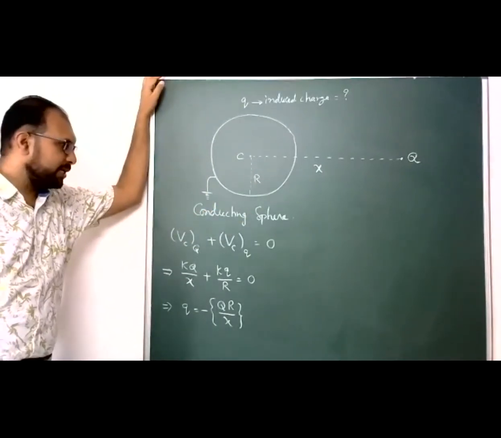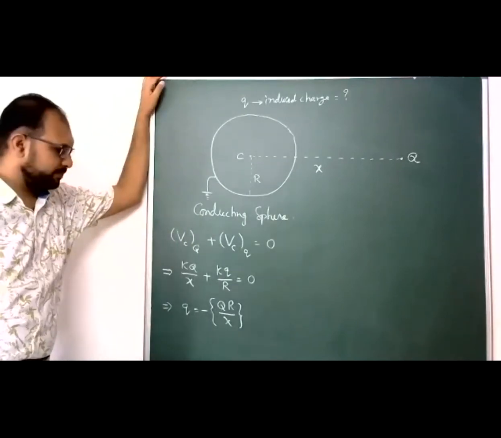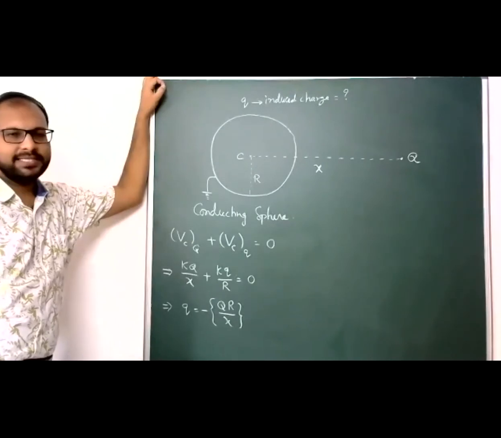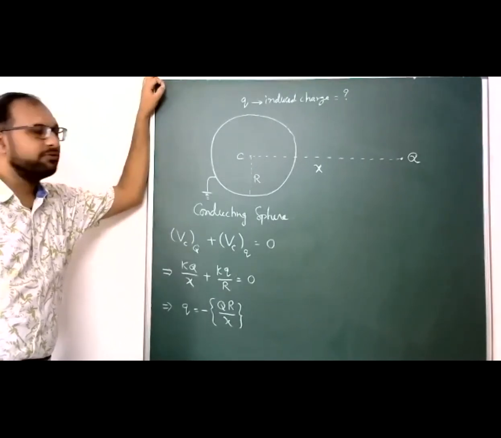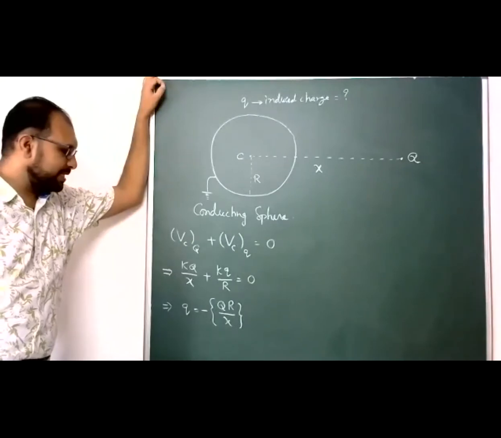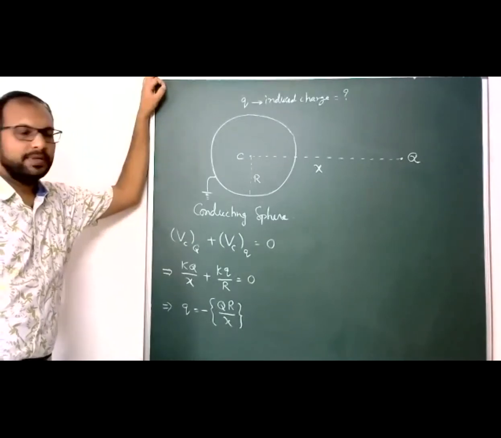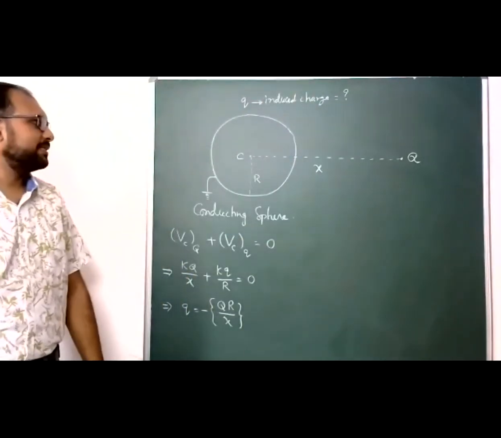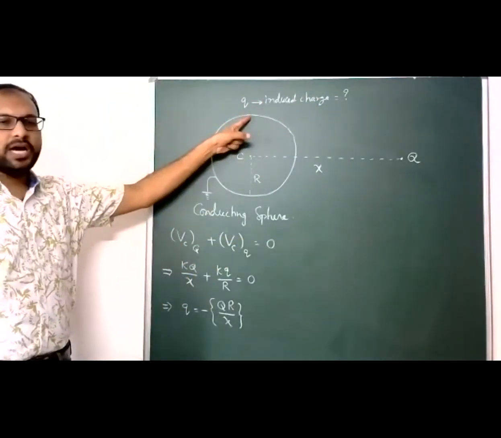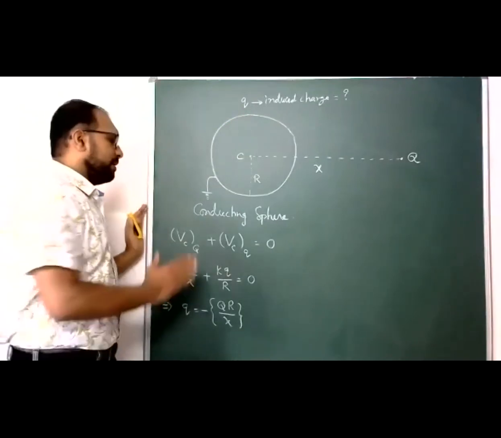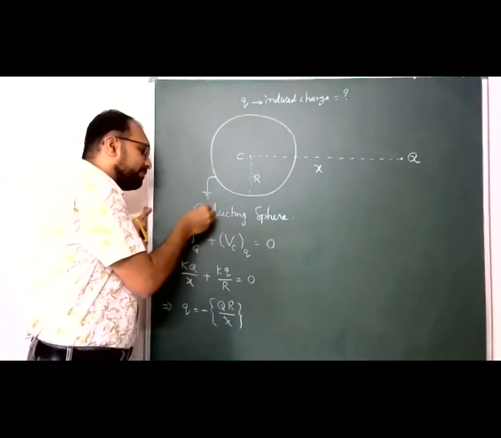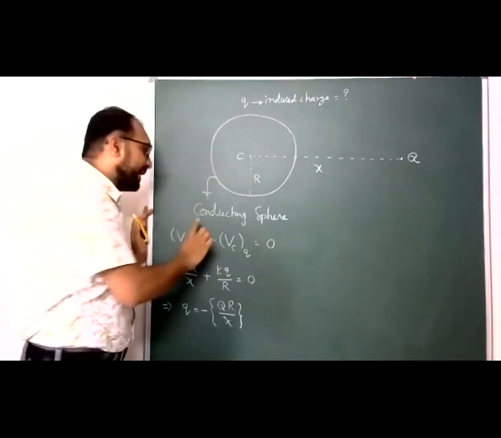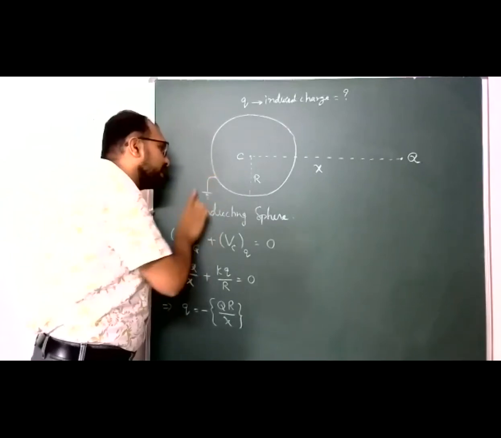Minus capital Q, capital R, the radius of the sphere, divided by x. Here x is the distance of capital Q from C. So this is the charge small q. Here negative charge is present, which means negative charge came from ground to the sphere.